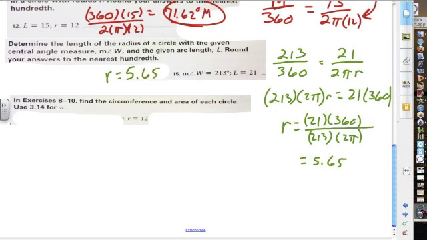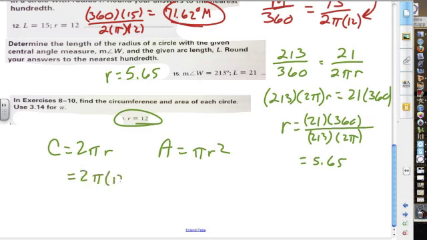Okay, so last part. Find the circumference and the area for a circle given the radius is 12. Circumference is 2 pi r, and area is pi r squared. So now all I got to do is plug in my numbers, 2 times pi times 12, and pi times 12 squared. So this gives me 24 pi, and this one gives me 144 pi. So those would be my exact answers, but it told me here to use 3.14 as pi.